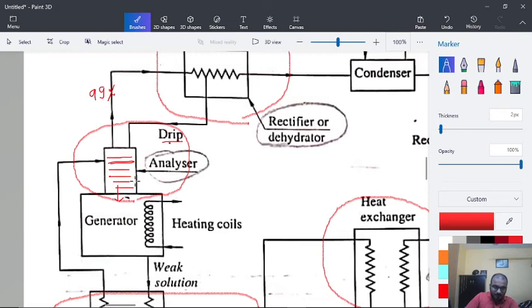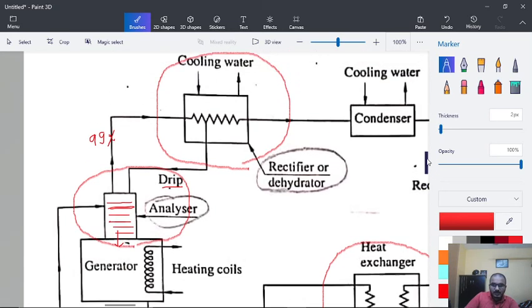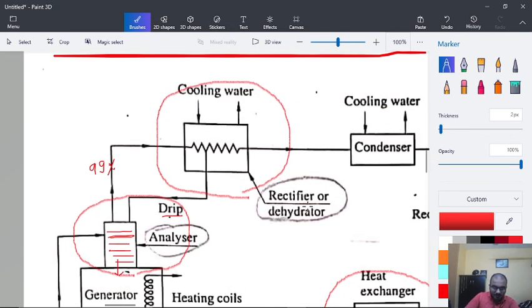And then what is the task of the rectifier or dehydrator? As I told you, 99% is NH3, that is ammonia. Still there is 1% of water particles present over here. The task of the rectifier is to remove that 1% of water particles from this combination.